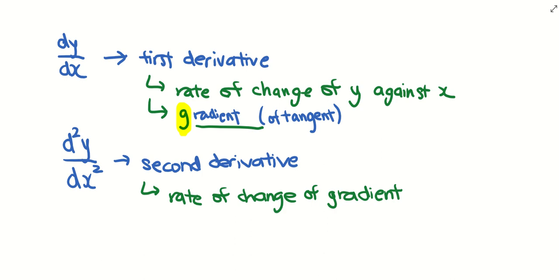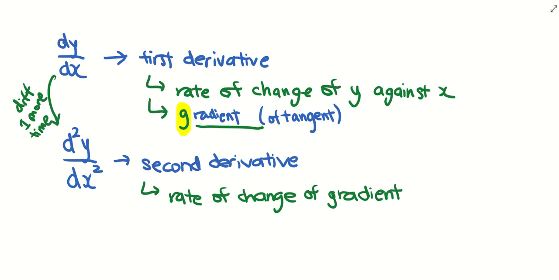Now I introduce you to this new term, d square y over dx squared. Sometimes you can say d2y over dx squared. Same thing, it is the second derivative, which means we have to differentiate two times. So you have to differentiate a second time. How you get d2y dx square is from dy dx, you differentiate one more time, and then you'll get the second derivative.